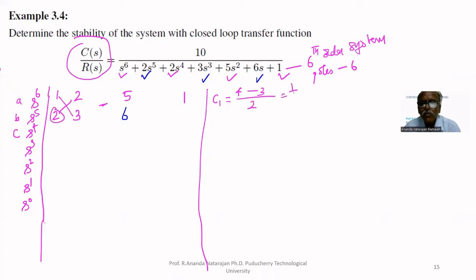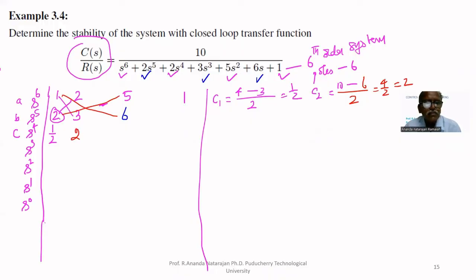That is 1 by 2. The next element is C2 equal to (2 multiplied by 5, 10, minus 1 multiplied by 6) divided by 2. That is 4 by 2 equal to 2. Therefore, the second element is 2.